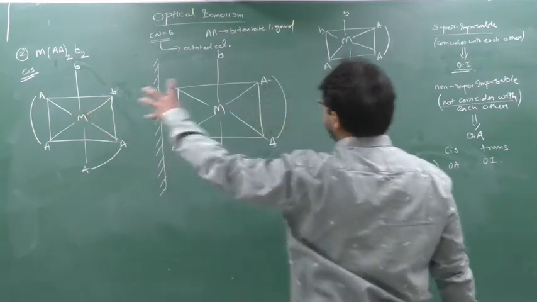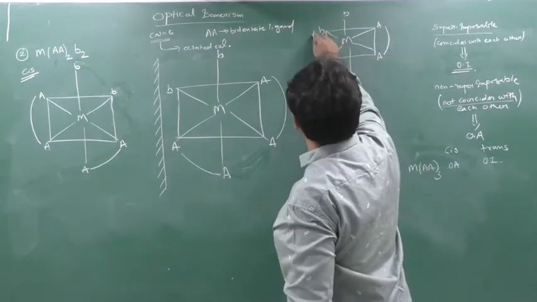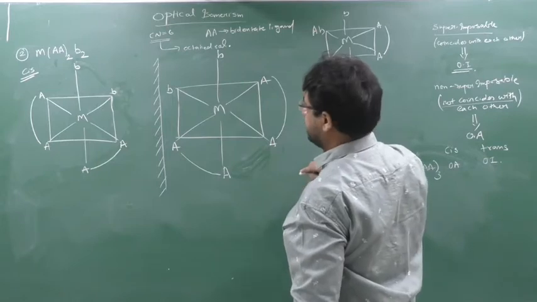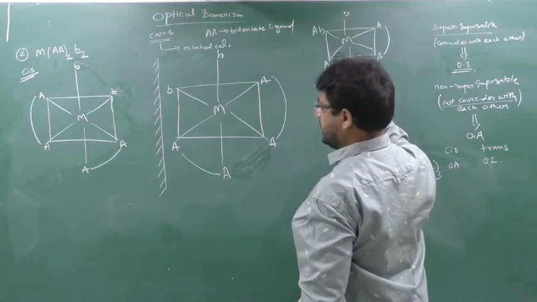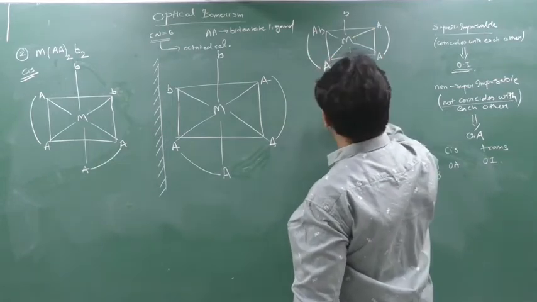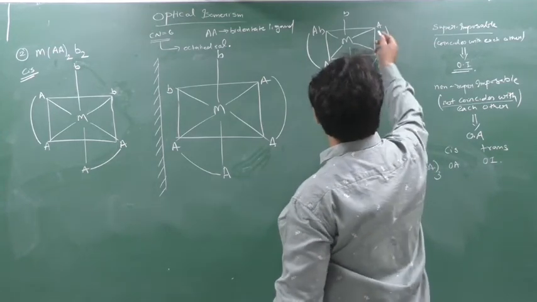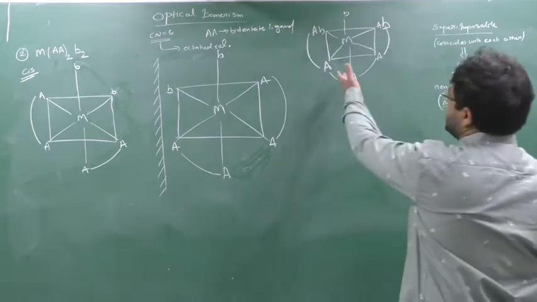Take the object and place it here. When you place it here, here A will come, here A will come. Here B will come, here A will come. Yes or no? And they will get bonded. So here also when I place it, they will also get bonded. Here also B will come. So these are non-superimposable.